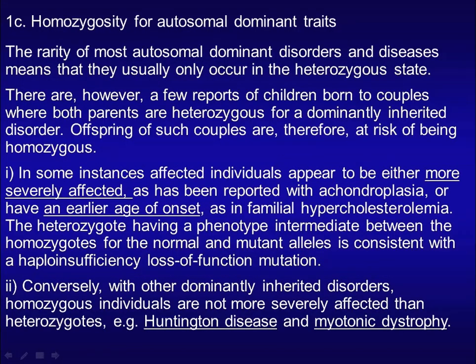Most of the autosomal dominant disorders occur in the heterozygous state. Some autosomal dominant disorders appear in homozygous state. In some cases, such as achondroplasia and familial hypercholesterolemia, individuals in homozygous state are more severely affected than heterozygotes.